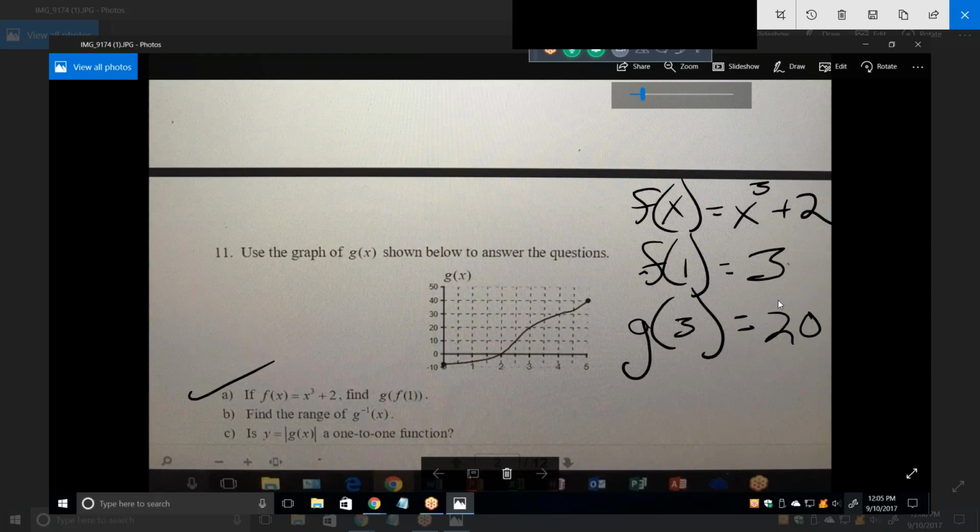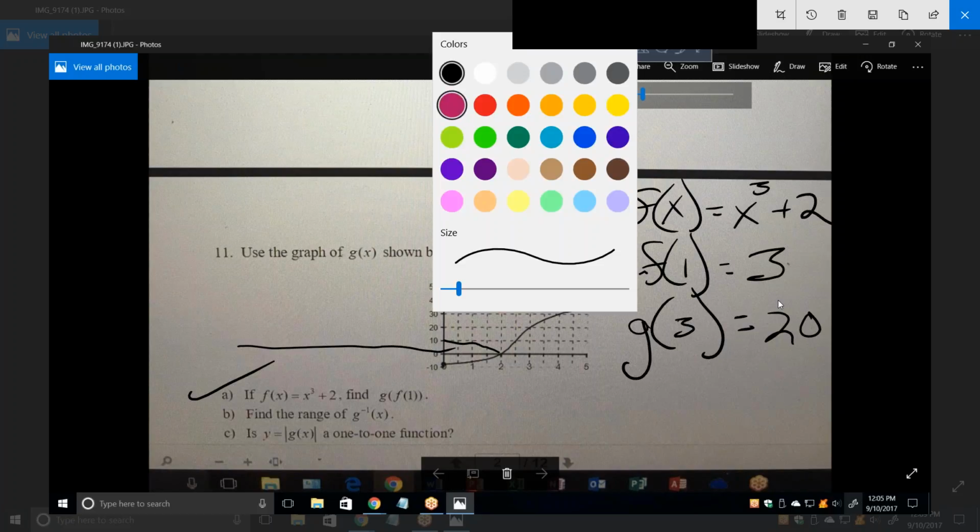What would it look like to the left of the y-axis? It'd slope back up again, right? Well, it would be a reflection of this. In other words, when you look at the absolute value of a function, this is what it would look like. Here, let me draw this in red.